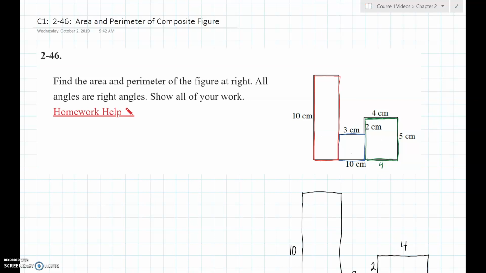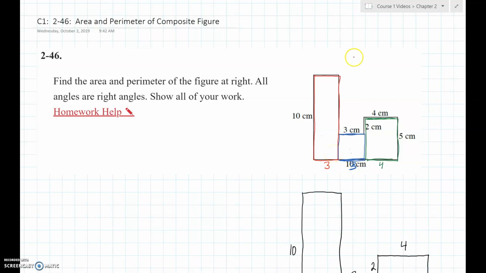And this blue rectangle has a length of 3, so its opposite length must be 3. And I know that the entire length must be 10. So 4 plus 3 is 7, and 7 plus 3 is 10. That's how I was able to figure out that the whole length was 10. This was already 4, this was already 3, so that must mean that this is 3.